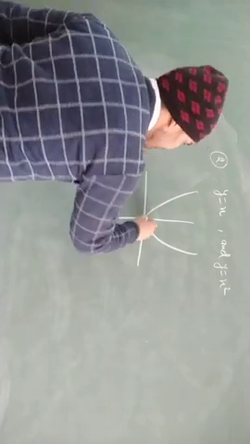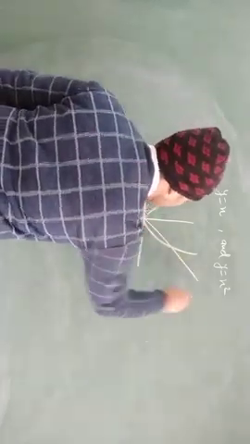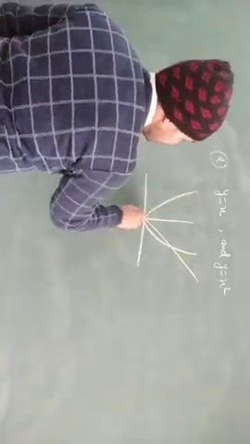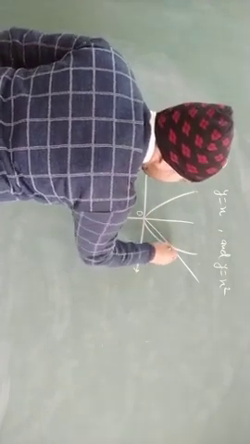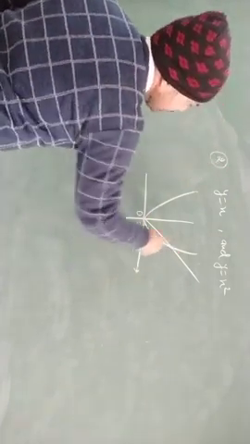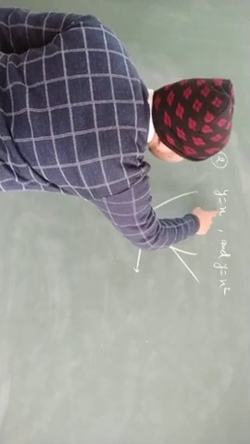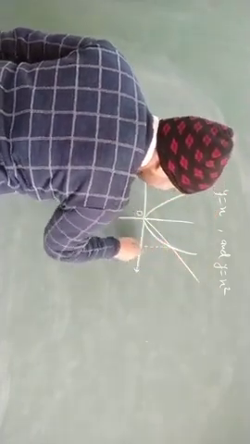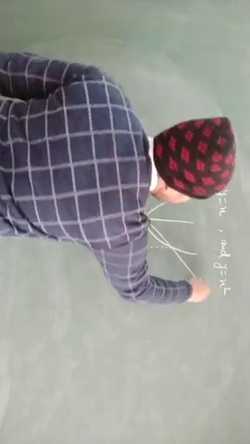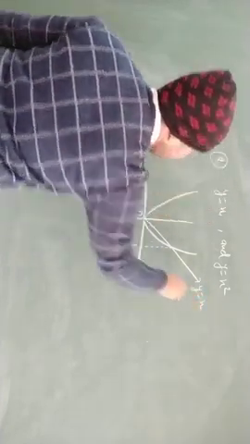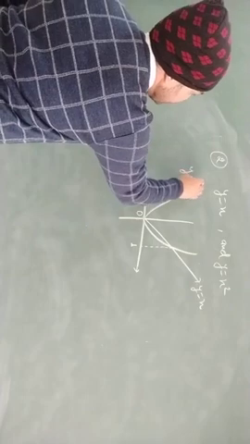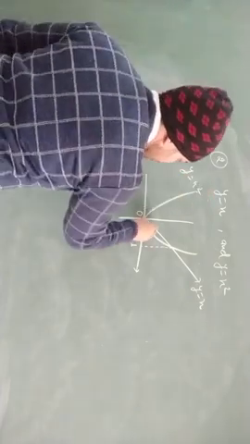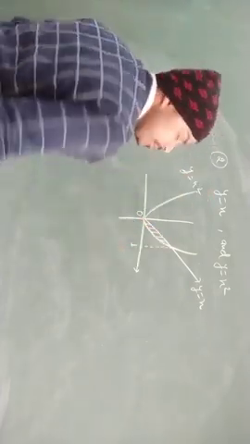So this line can be drawn like this. This is the origin. This point is 1. This line indicates the equation y equal to x and the curve of the parabola is y equal to x square. So the required region is this.